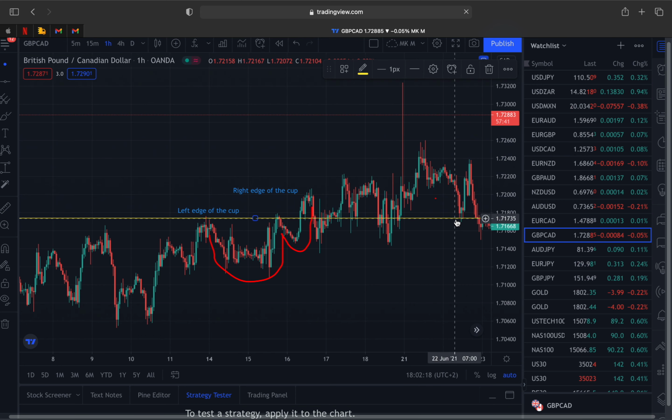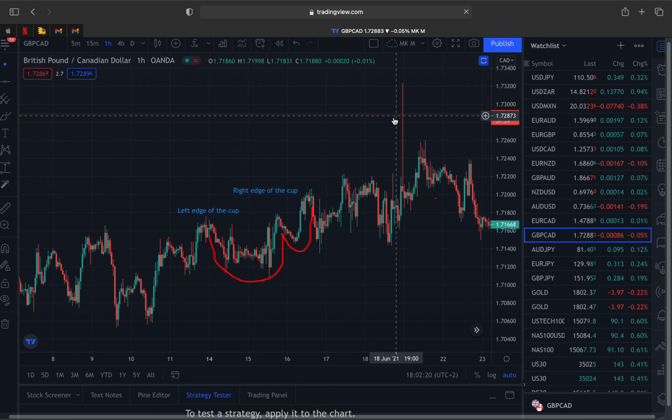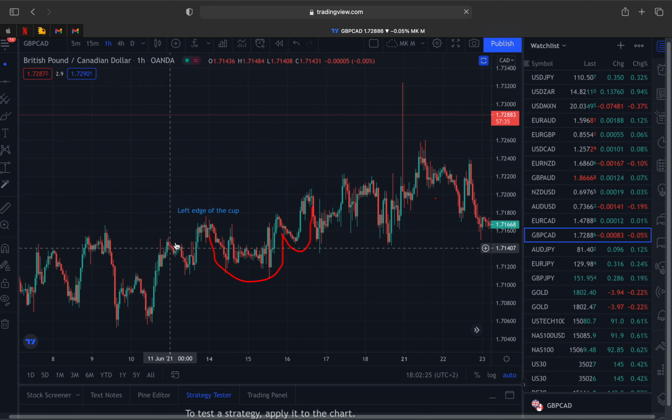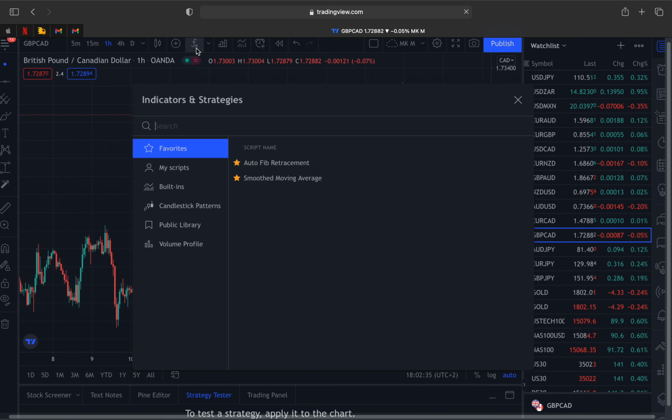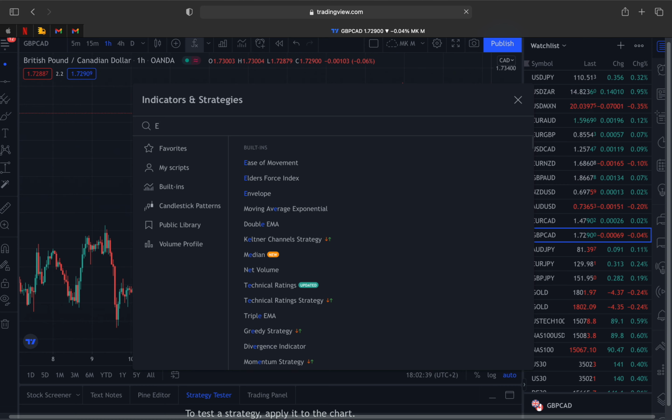So now I'm gonna go on to one of the best indicators, which is the exponential moving average 89. So without wasting any time, let me just add it here. As you remember guys, we add our indicators here. So let's just say EMA.